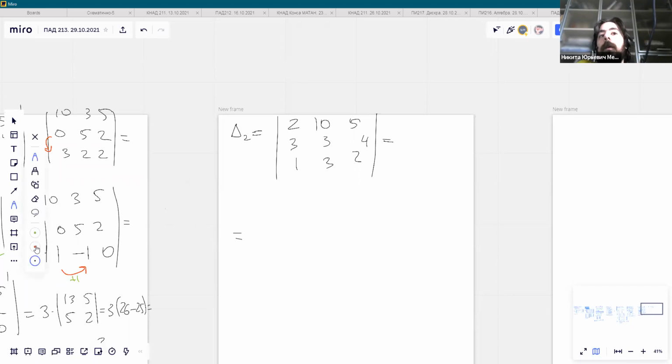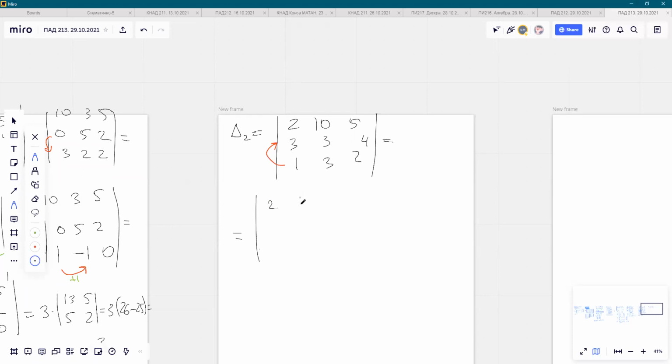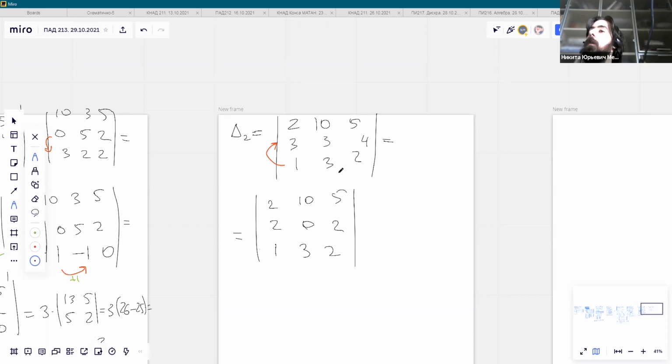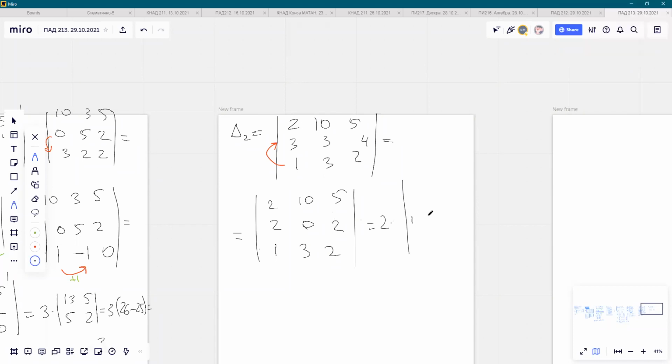So I think we subtracted this from here. Well, maybe actually we can change the rows, like place the third one in the place of the first one. And what's the goal? Why would we need it? I think it will be more convenient to subtract.